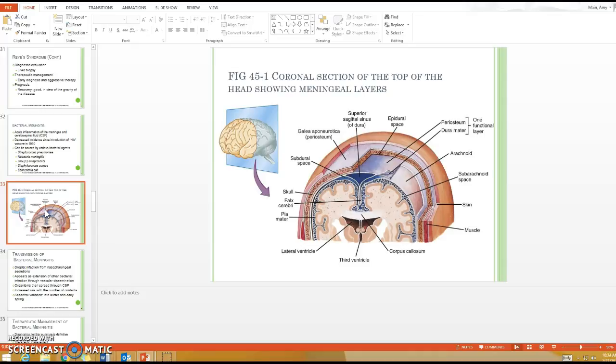There's fluid in between each layer that helps it slip and slide. But if there's too much fluid or inflammation, it causes pressure, or if there's purulent fluid, it causes inflammation and irritation. You can see, being so close to the brain and the spinal column, just how painful that can be.